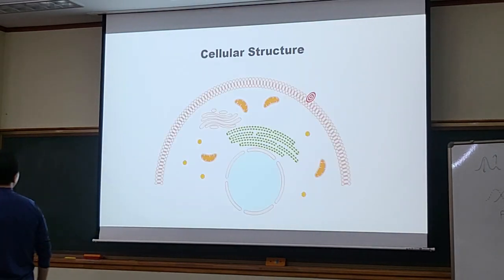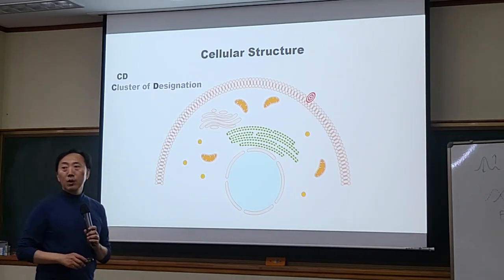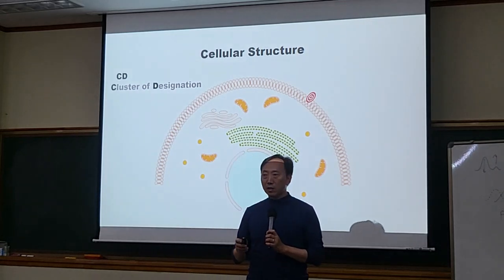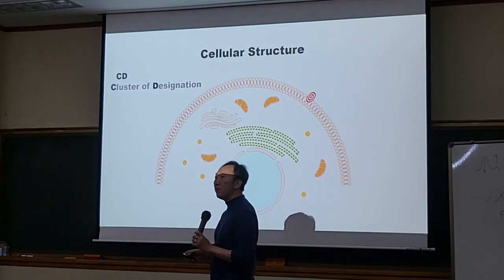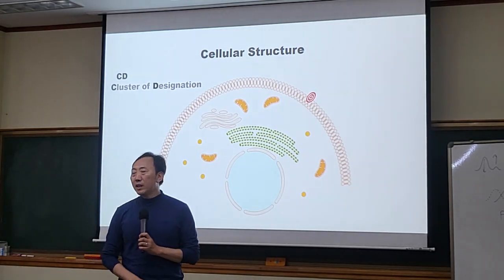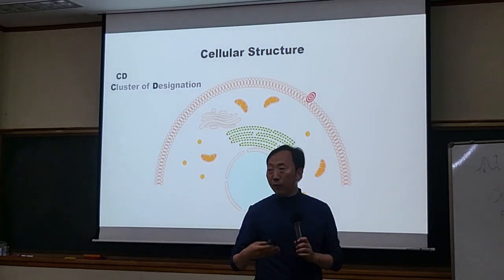Once you have this kind of a biomarker, then you can apply it to the cell. And if that biomarker is on the cell surface, we call those kinds of biomarkers CD, cluster of designation or cluster of differentiation. They are surface marker proteins. And so far, for more than half a century, immunologists have been updating the list over and over.